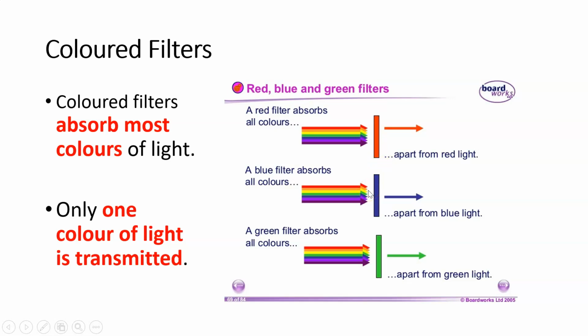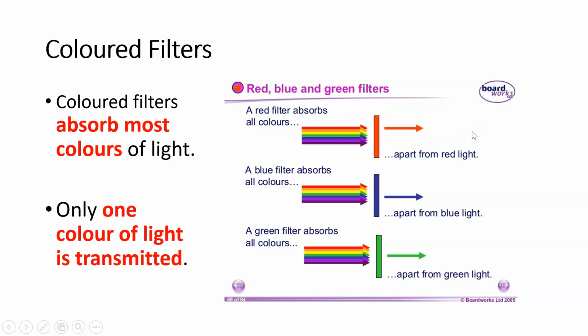If I fire white light at each of these filters, you'll notice on the other side, I only get one color of light coming out. And this is because when I fire white light at that filter, let's look at the red one first, every single color is absorbed by that filter, and the only one that can pass through is red light.